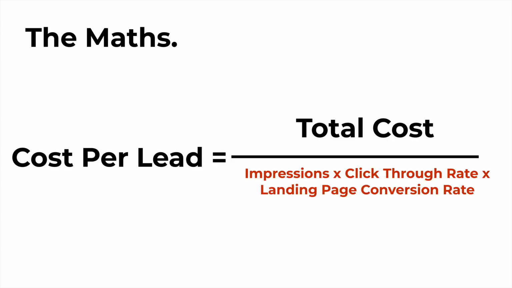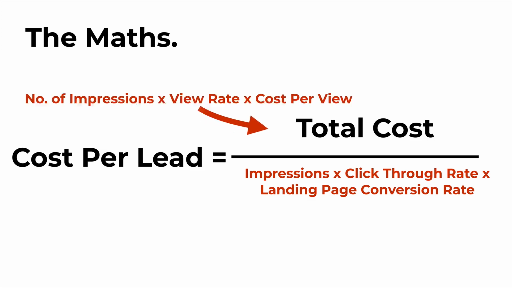So when we look back at this formula now, we've got cost per lead equals total cost divided by impressions multiplied by click-through rate multiplied by landing page conversion rate. But now we can take this number of impressions multiplied by view rate multiplied by cost per view and replace total cost here.